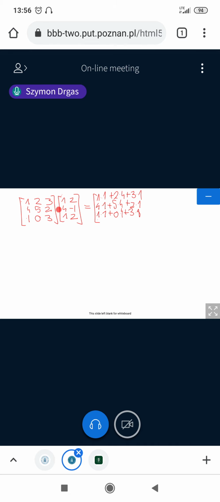And we have also the second column of the result. The first element in the second column is the first row times the second column. So it will be 1 times 2 plus 2 times negative 1 plus 3 times 2. And we have the second row times the second column.